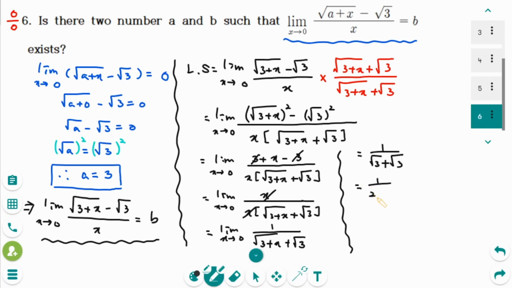So 1 over 2 square root of 3. Now we need to multiply by square root of 3 over square root of 3 to rationalize the denominator. The final answer is square root of 3 over 2 times 3, which is 6.